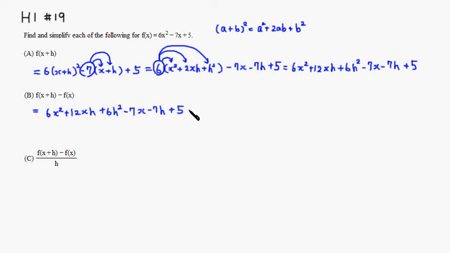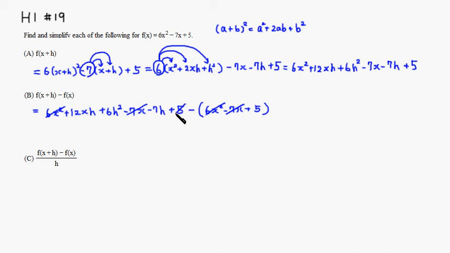So we have to subtract f of x, which is the original function. So you have 6x squared minus 7x plus 5. Then look for something in common. You can see that the 6x squared right here cancels with 6x squared. And you have a negative 7x minus negative 7x, same thing.